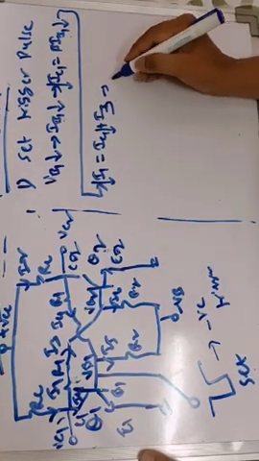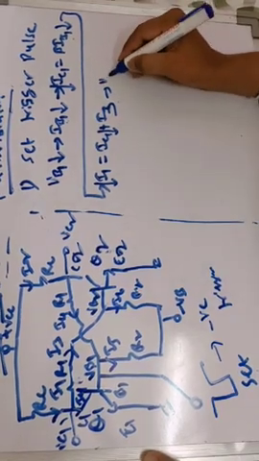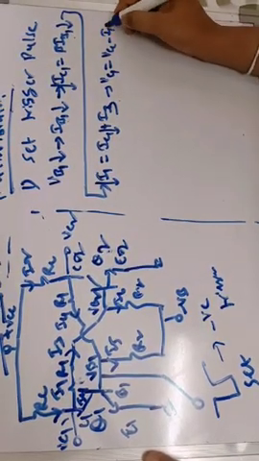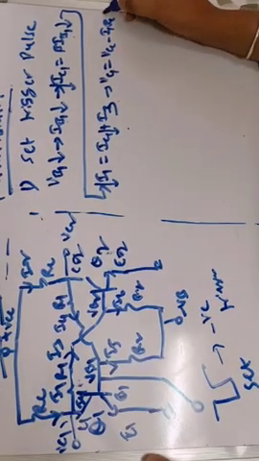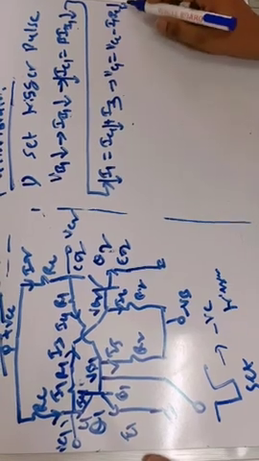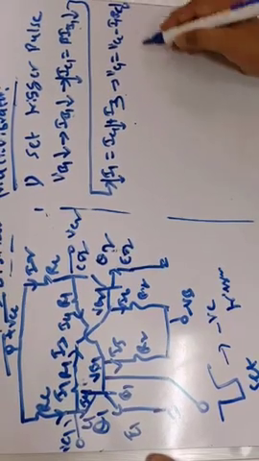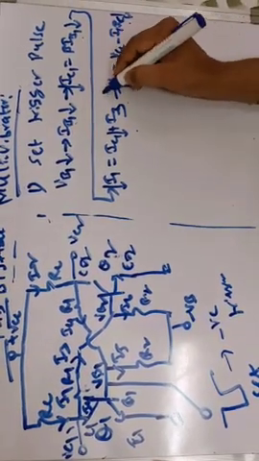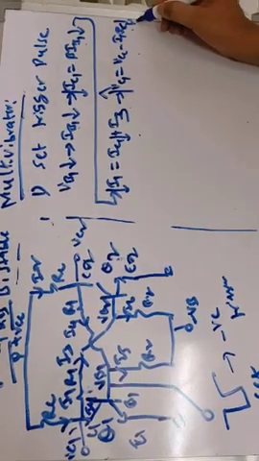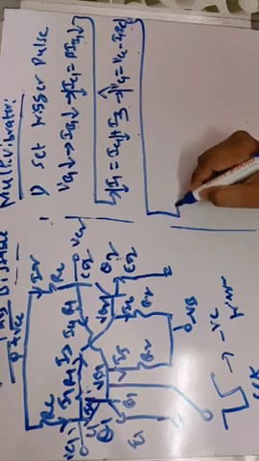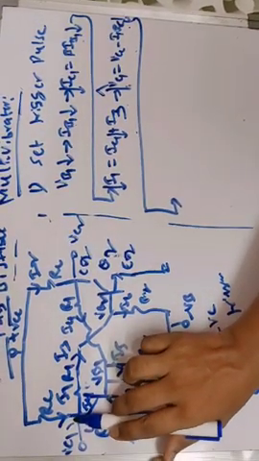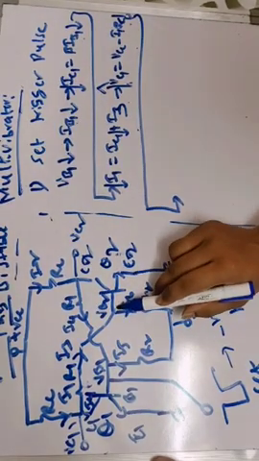As I1 decreases, we have a relation we already found, VC1 is equal to VCC minus I1 into RC. I1 into RC is decreasing, because I1 decreases. I1 into RC decreases means the collector potential of the first transistor will increase. As VC1 increases, this voltage is directly applied to the base of the second transistor.